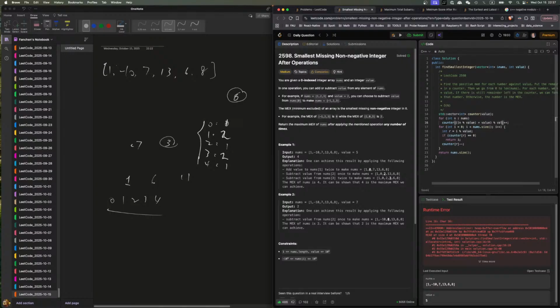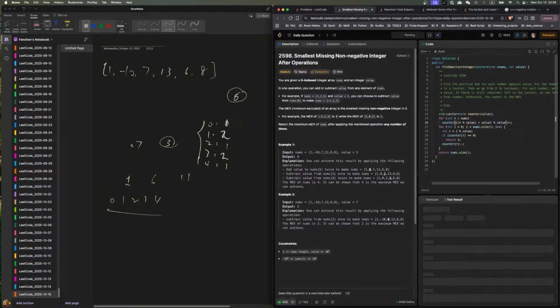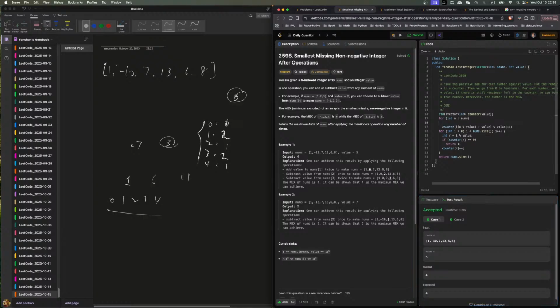I'll just do 2 rounds of mod. Safer. Alright, we can just put here handle both positive and negative n. Alright, let's submit.